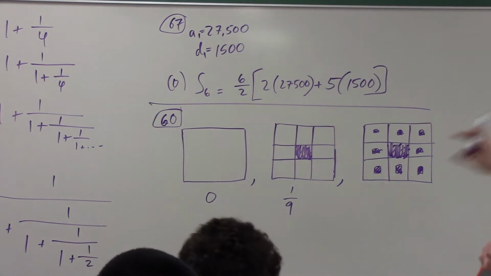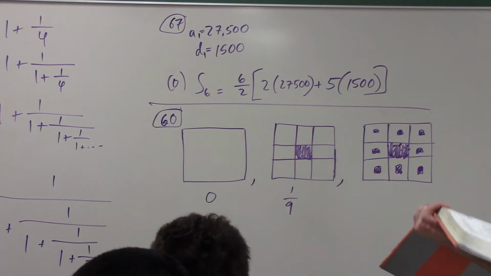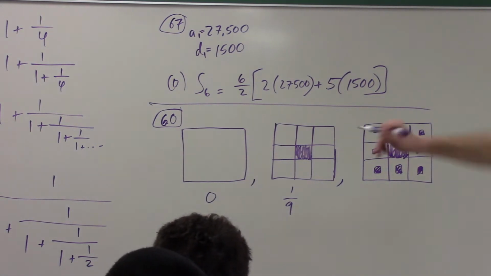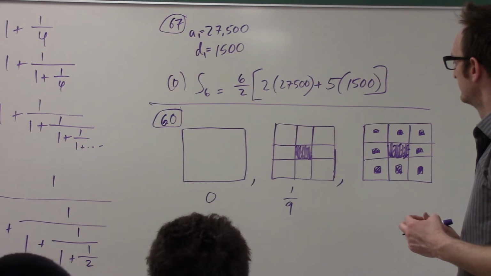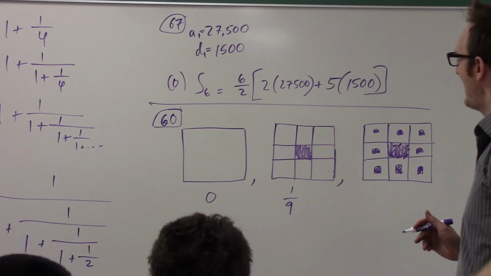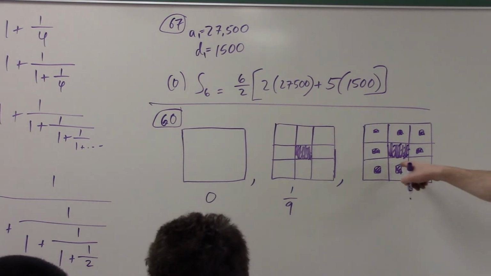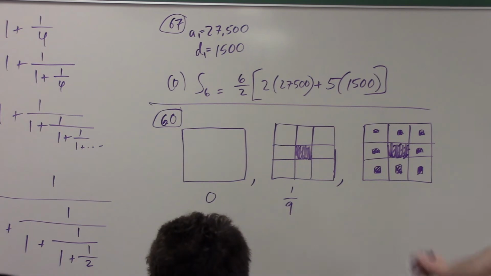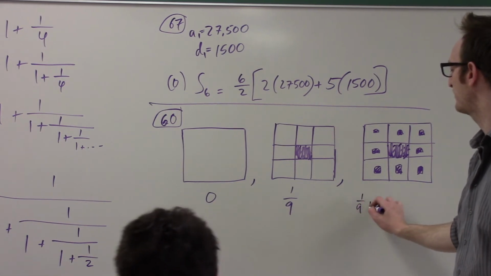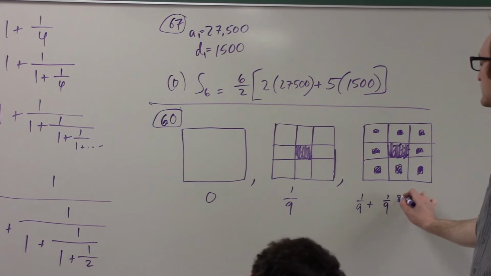Okay, so a little bit more thinking here is required. So how much is shaded now? Okay, so the lame way to do it would be to say that it's how much was previously shaded plus 1/9 of 8/9.